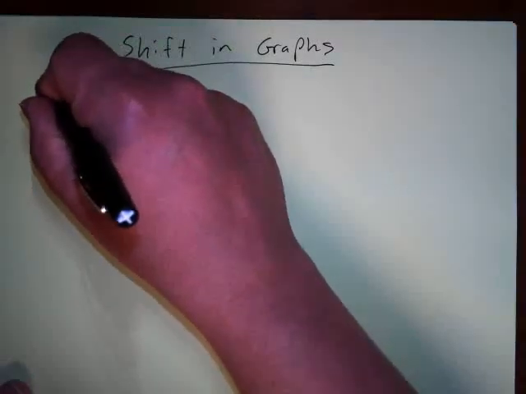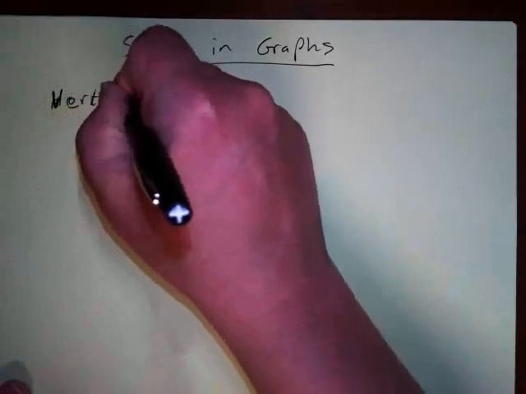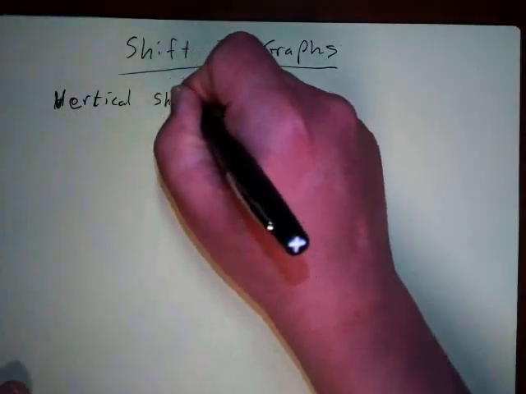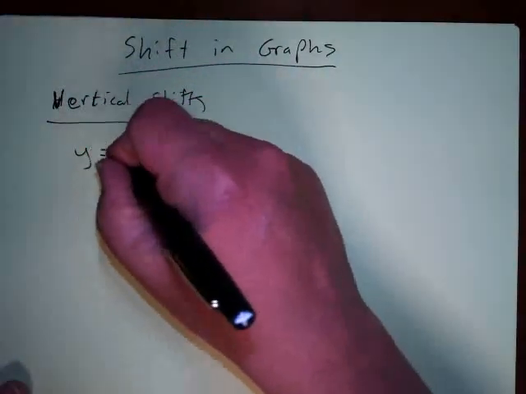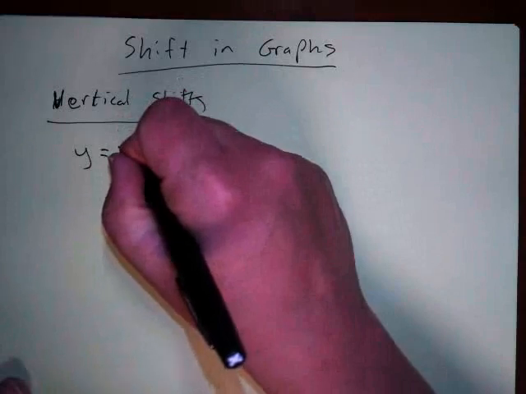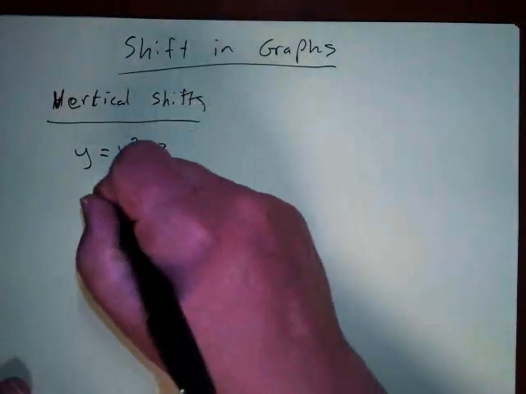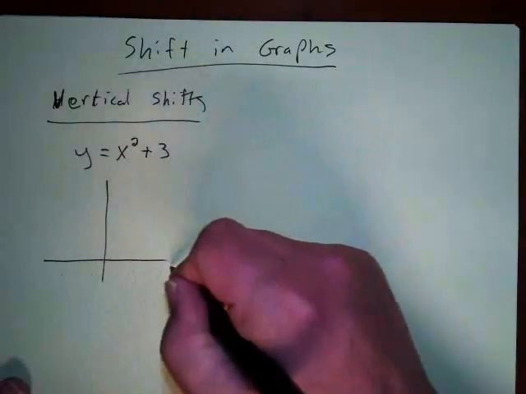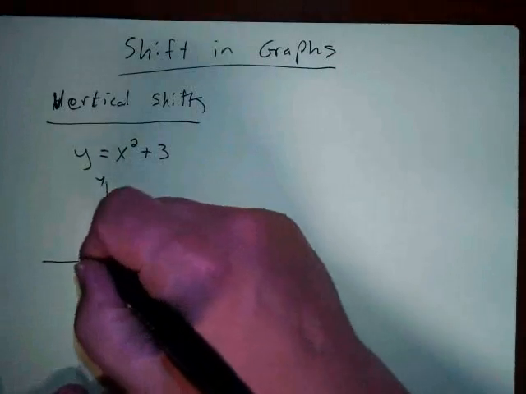Let's start with vertical shifts. These are the most intuitive. So if I want to move a function up or down, okay, so I'll do x squared, and then I'll say plus 3. So basically, the idea, and I'm just going to sketch these out quickly.